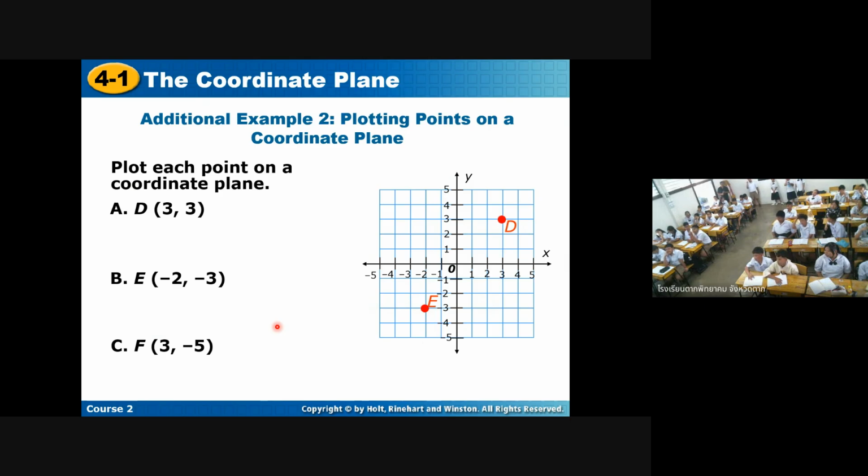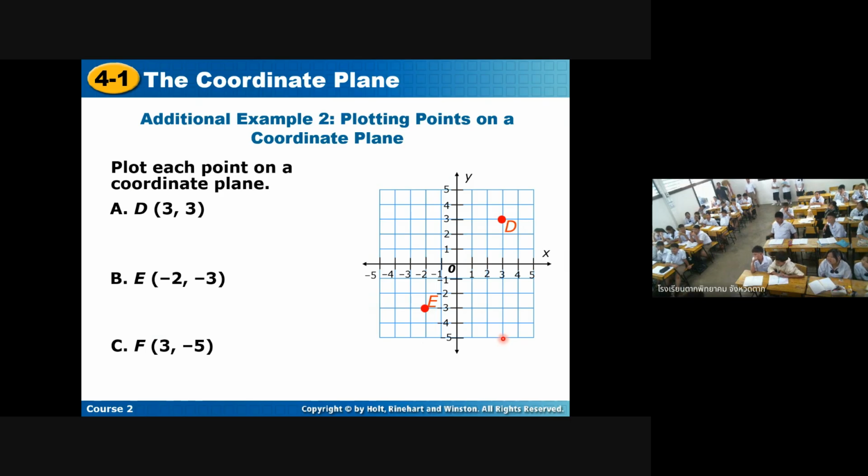How about point F? Oh, come here. 3 of x, negative 5 of y.